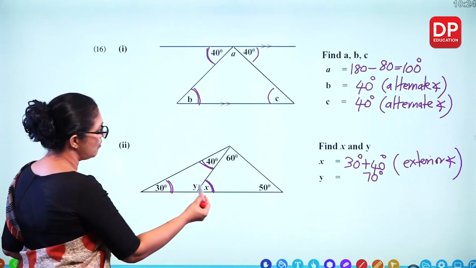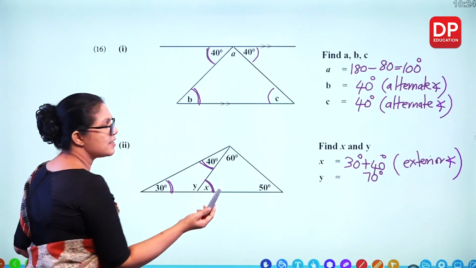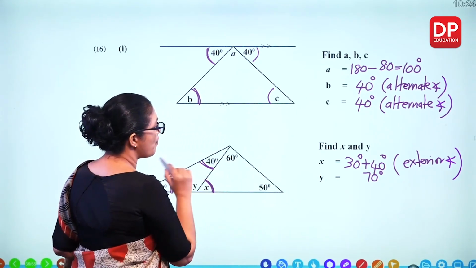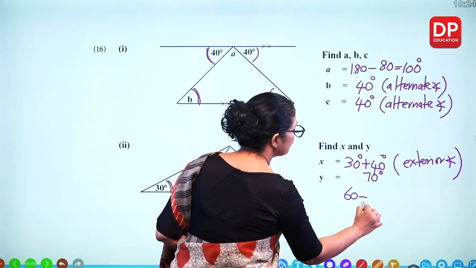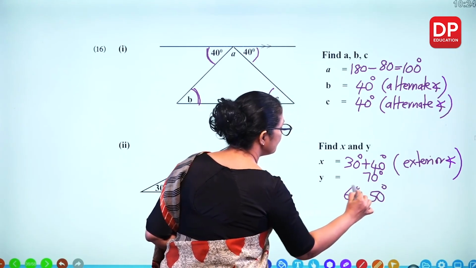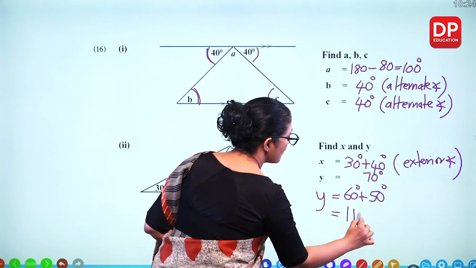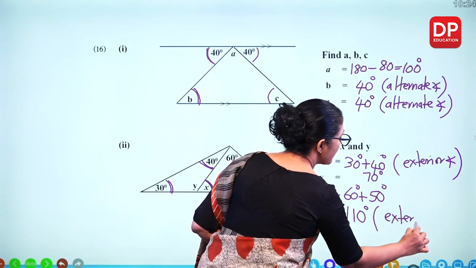Y, you can use either these two is equal to this or 180 minus x. So we can use the opposite angle sum, 60 plus 50 is y. 110 because of exterior angle.